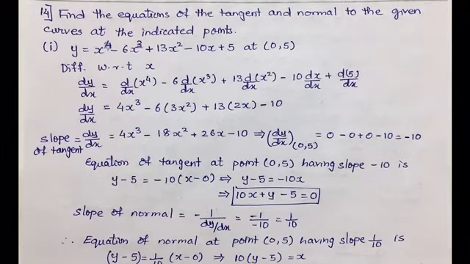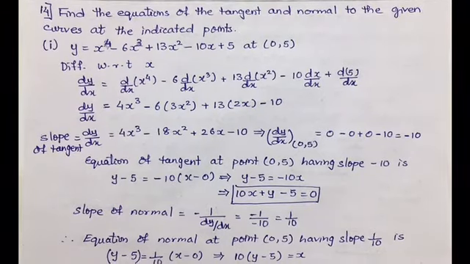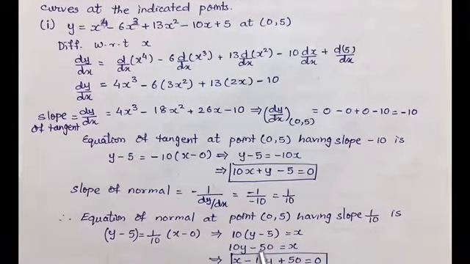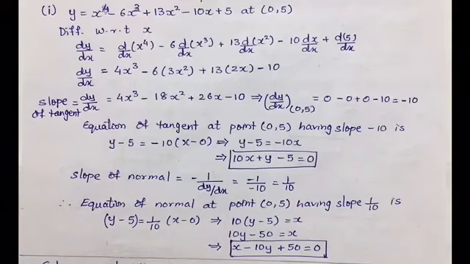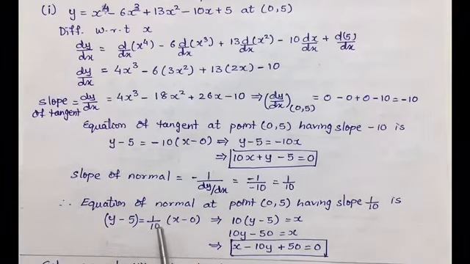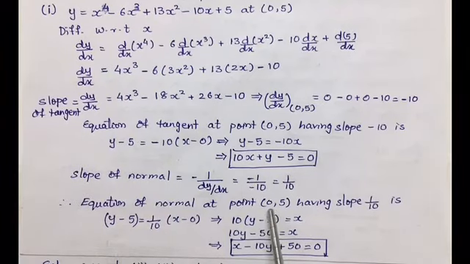Now taking the equation of the normal using the point-slope form, we get y minus y0 is equal to slope of normal into x minus x0. The point remains as 0, 5.